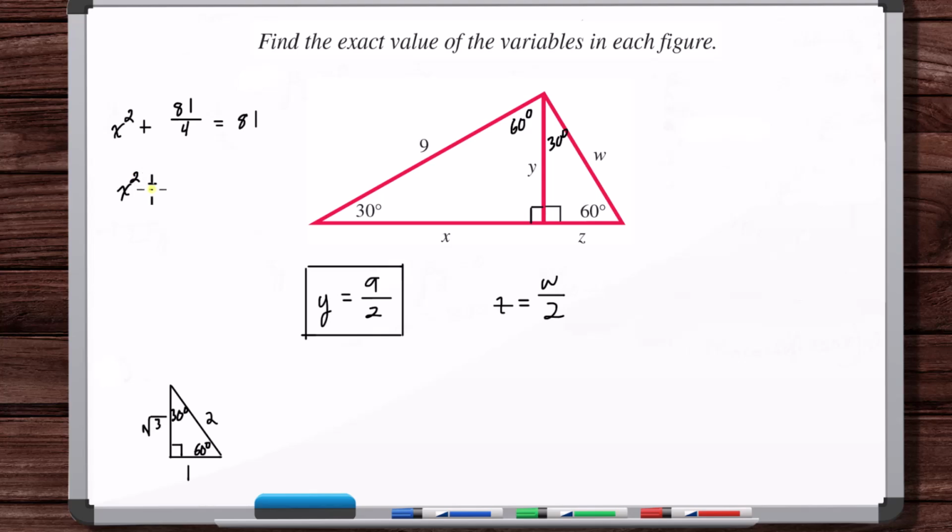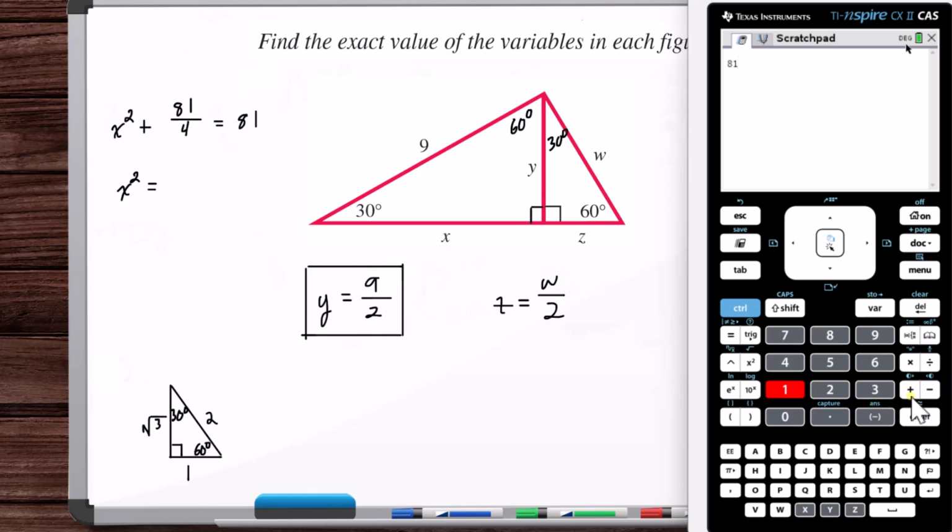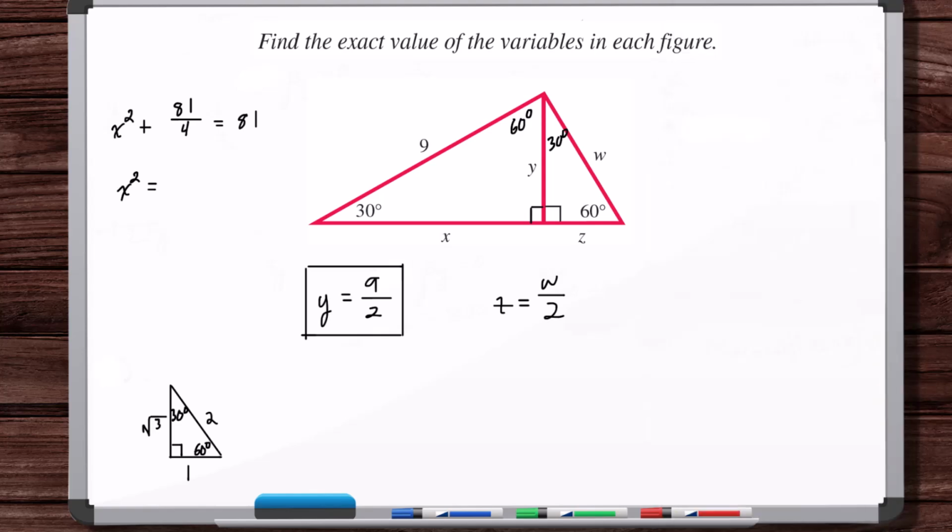So x squared is equal to 81 minus 81 over 4, so 243 divided by 4. And if we take the square root of that, 9 root 3 over 2. So x is 9 root 3 over 2. Okay, there we go.